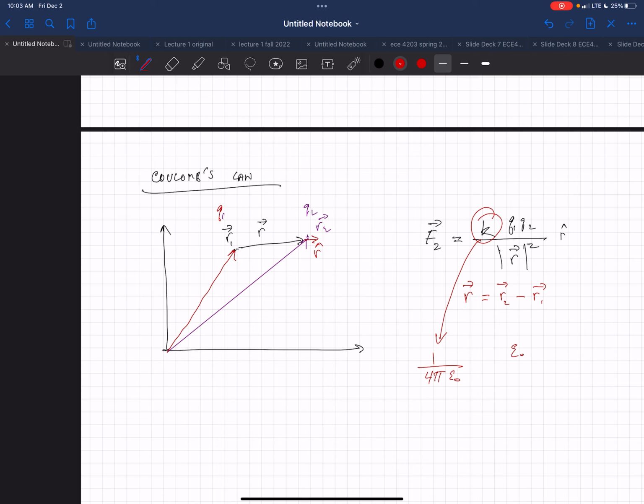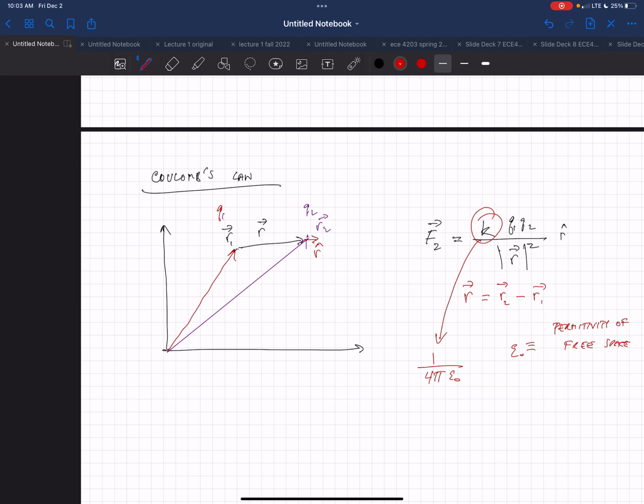And epsilon naught is defined as the permittivity of free space. By the way, the way it's written here is the force as if these charges were in a vacuum, or so-called free space.